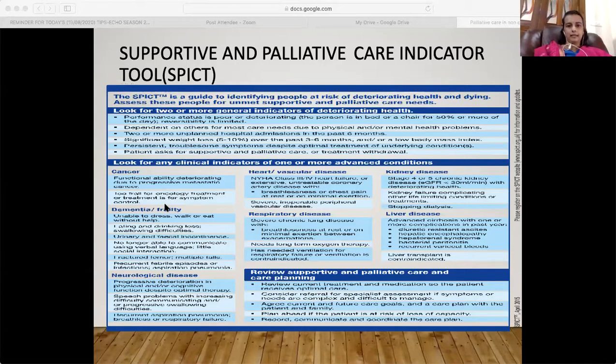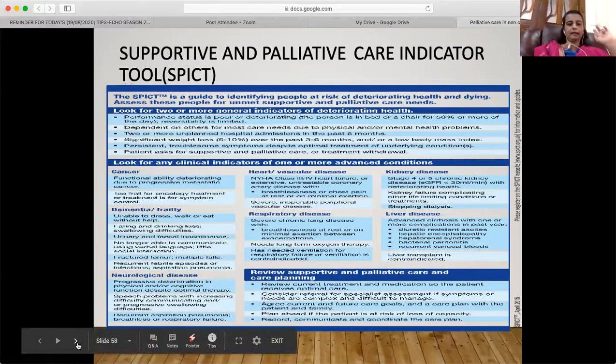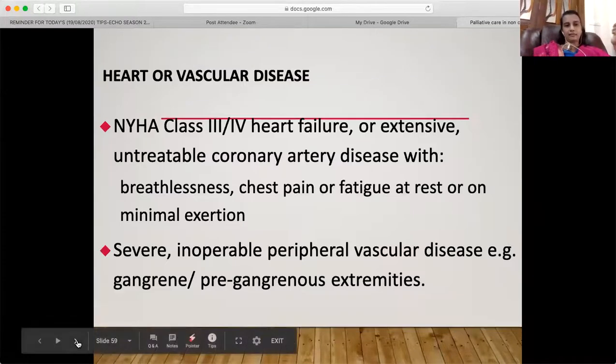It's very useful, and they've given guidance for each condition. For cancer, they've given how you identify when patients have reached an advanced stage. They've also covered dementia, frailty, neurological diseases, heart and vascular diseases, respiratory disease, and kidney and liver disease. For everything, they've given guidelines for physicians to follow to identify that there is a palliative care indicator or need to refer the patient.